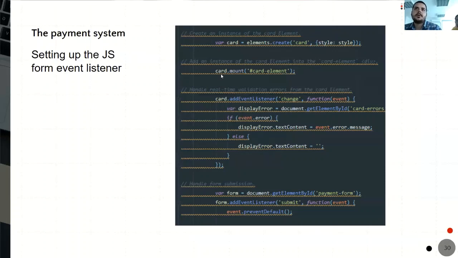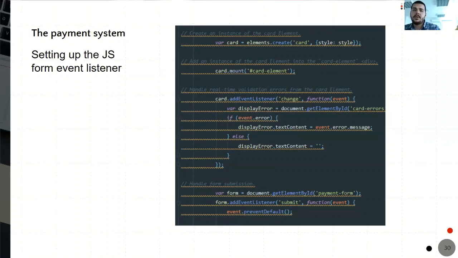After doing that, we are creating the card. The elements has a create card method. It adds the style as a second parameter. It mounts it to a certain ID in the DOM. And we add an event listener, which on change triggers an error message. We add an event listener to the form on the submit of the form.